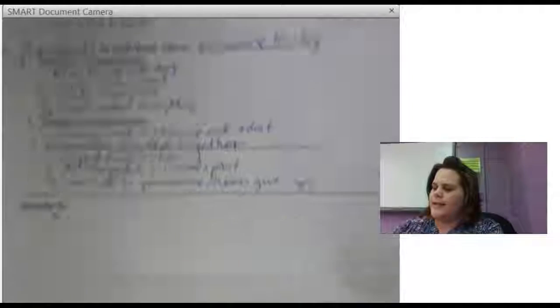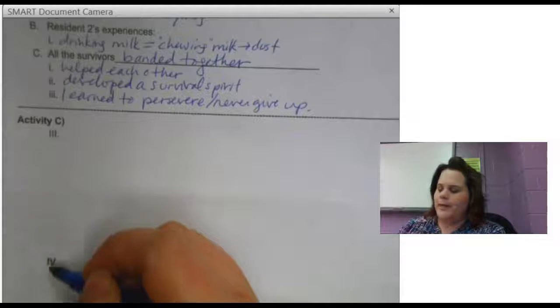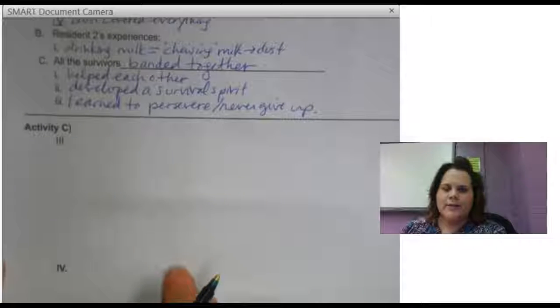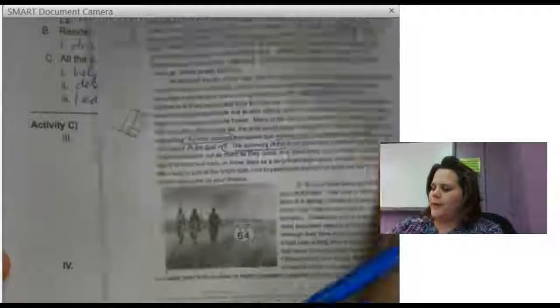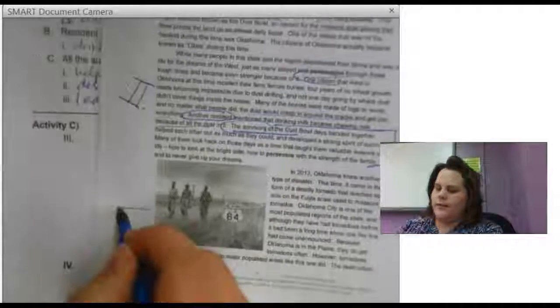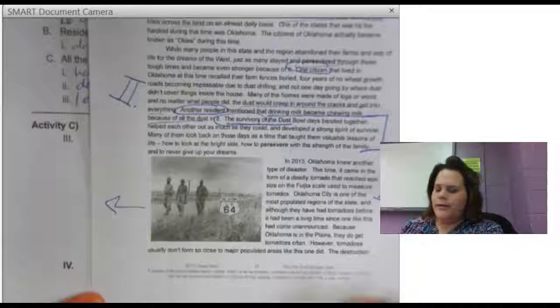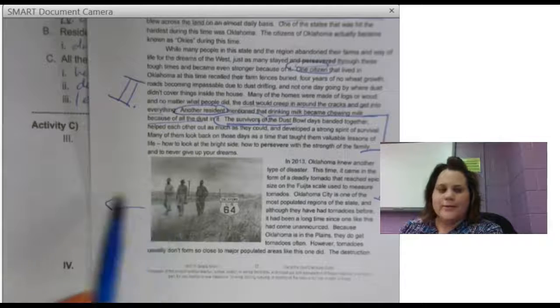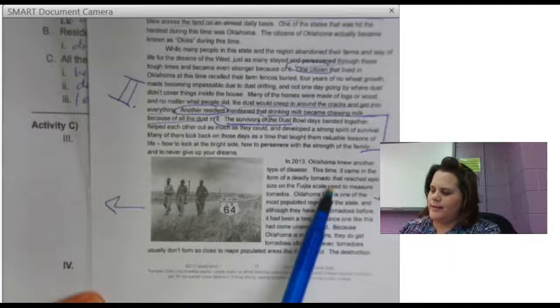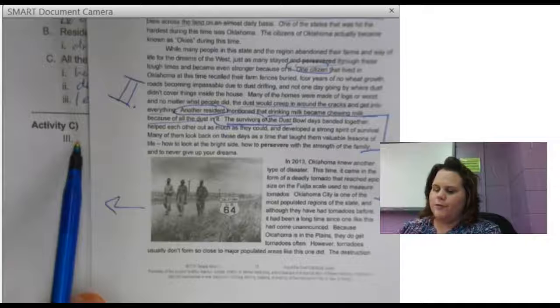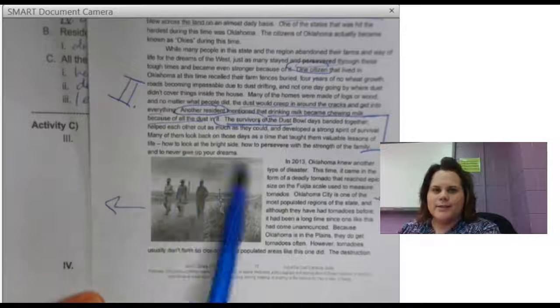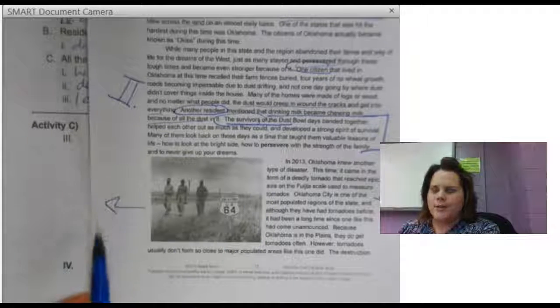For activity C, it's kind of up to you how many main ideas you find in each thing. And you're going to outline paragraph 3, like right here. This one's about another type of disaster, which it says. So you could, for Roman numeral 3, like, what is the disaster? And give details about it.